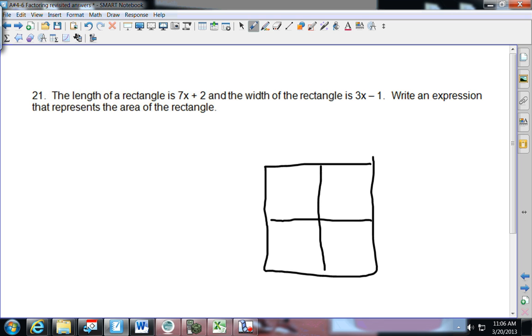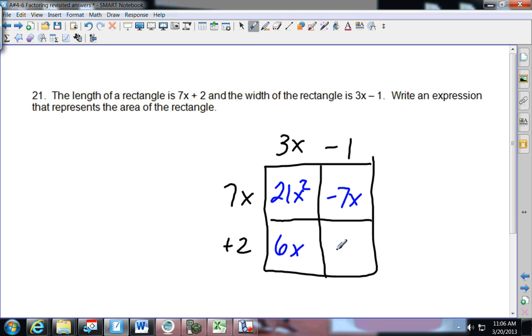So I go through here. This is like what we did on our last test, 7x plus 2 and 3x minus 1. So in this box here, I have 7x times 3x, 21x squared, 7x times -1, -7x, 3x times 2, 6x, 2 times -1, -2.